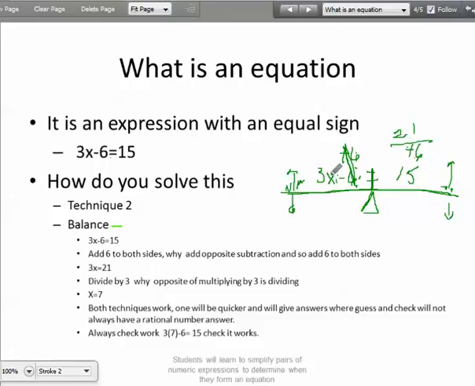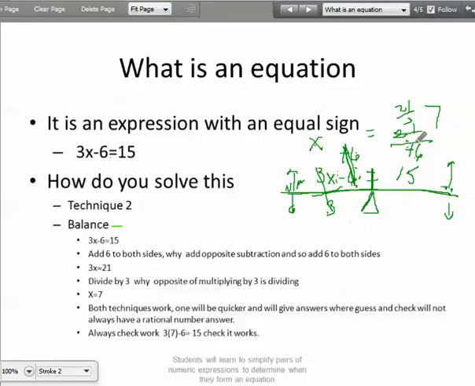Well, 3x we know is multiplying 3 times x. So if I divided by 3, which is the opposite operation there, 3 divided by 3 is 1, and I'll wind up with an x on this side. And I take 21 divided by 3 on this other side because I had to do that same dividing by 3, and I'll wind up with a 7. So I now have x and 7, and it's a balanced equation.